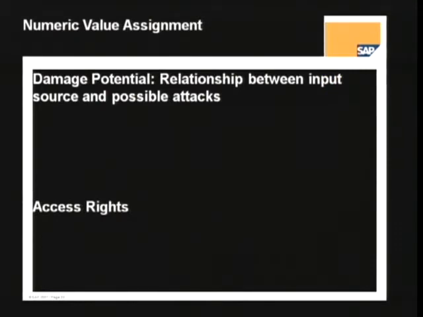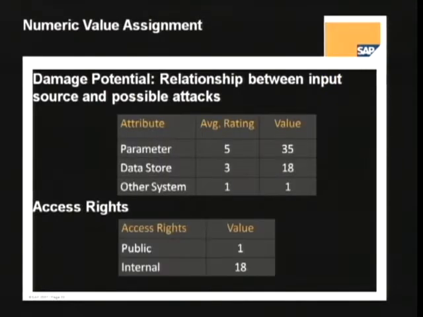So the interesting thing now is, let's say we identified these things, how do we now compute the damage potential? We somehow need to assign some numbers. For example, is an input parameter more important than a data store or another system? Because we need to give some weights to these kinds of input resources, which are very important to compute the damage potential.